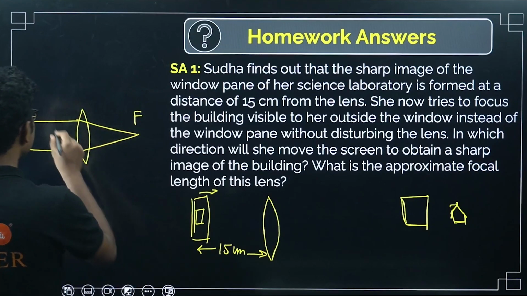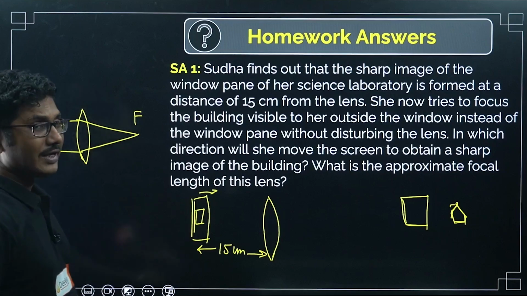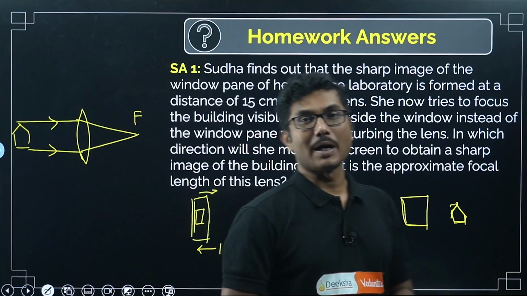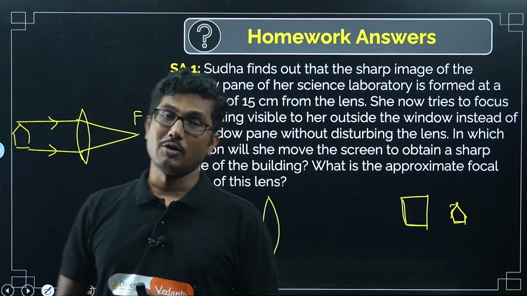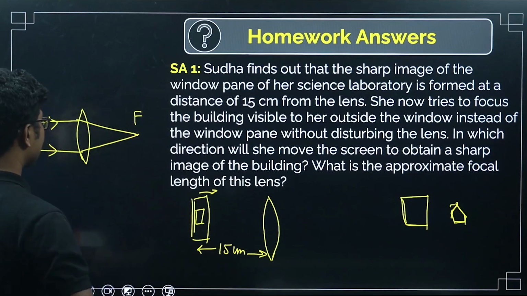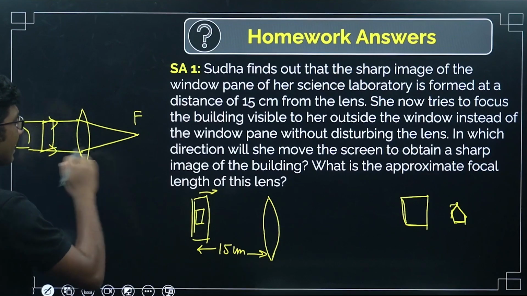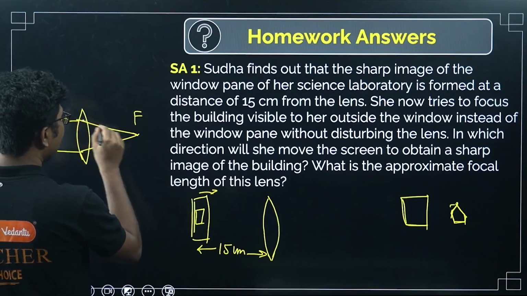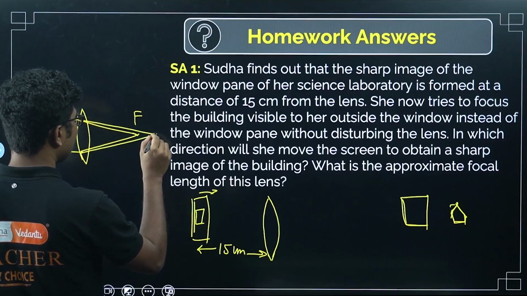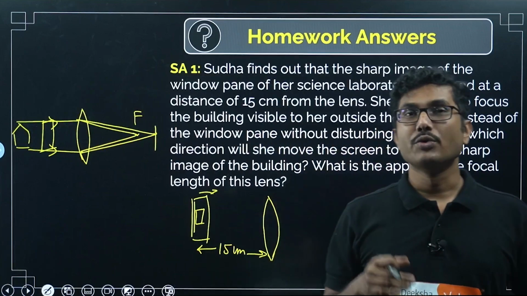So we can consider this house to be a very distant object whose parallel rays focus at the focus. Now when the object is closer, the rays will form the image somewhere here. So we have to bring the screen towards the lens.